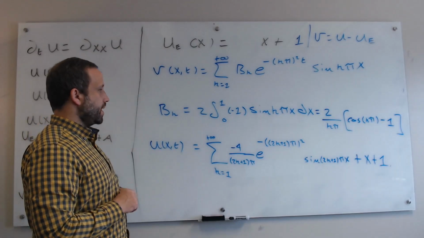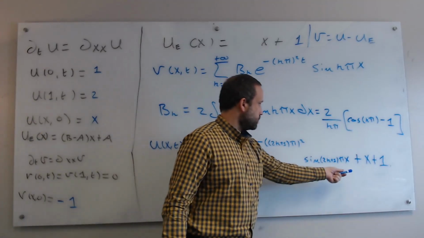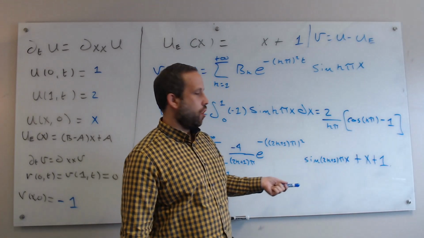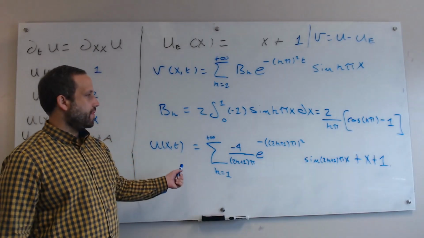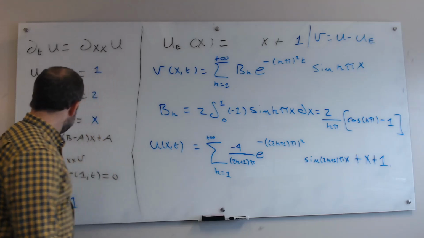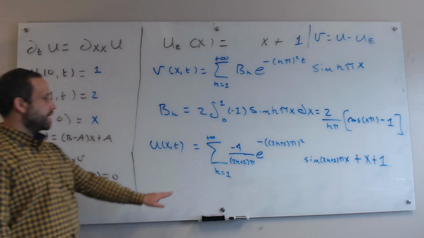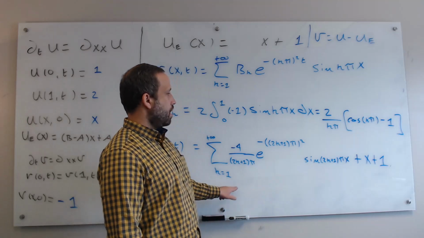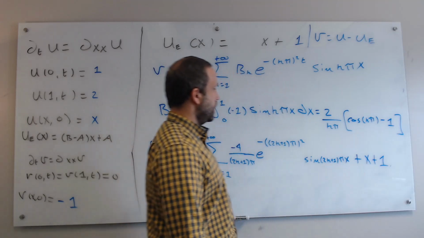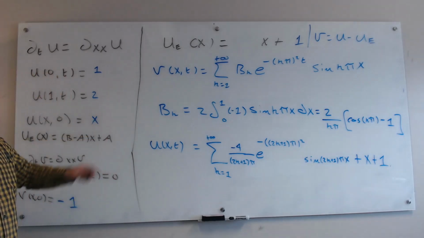If you plug in x equal to 1, all of these sine terms are still 0, but now you have 1 plus 1, which is equal to 2. And then if you look at v of x,0, if you plug in t equals 0 here, you get minus 1. Minus 1 plus x plus 1 is equal to x, which is this right here.